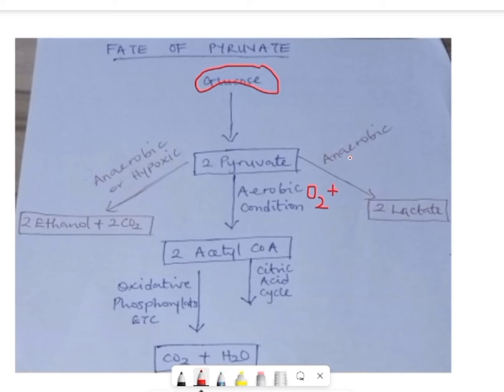So no oxygen or not enough oxygen in the anaerobic condition produces two molecules of lactate.